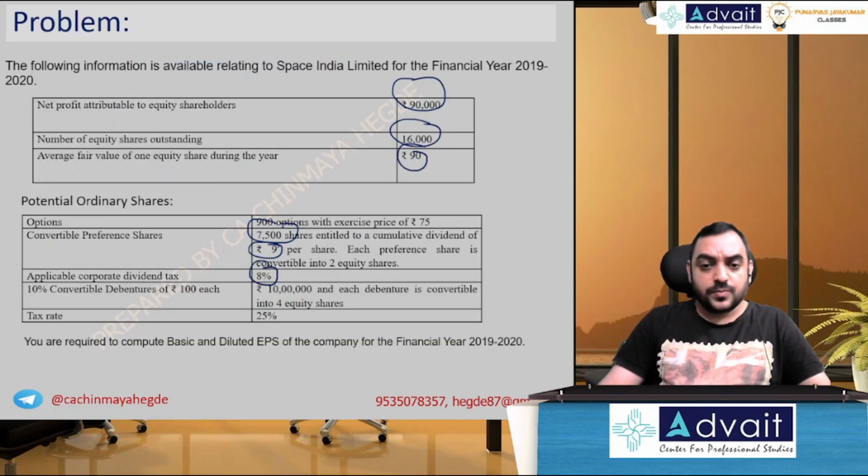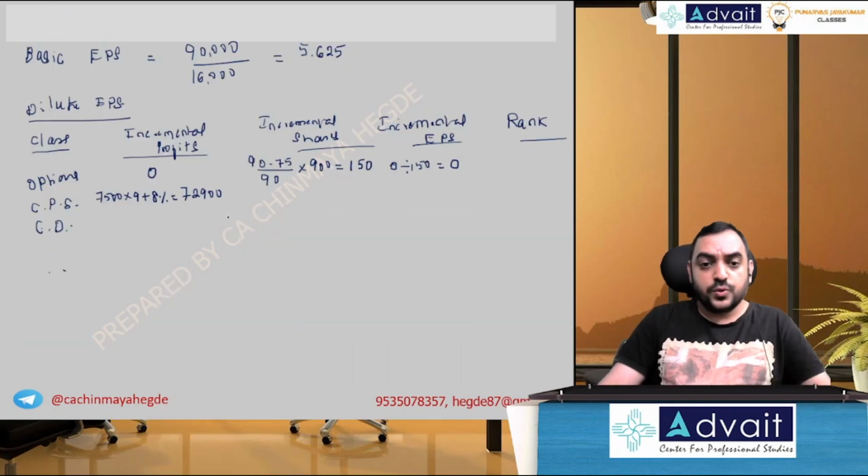Number of shares: each share is convertible into 2 equity shares, so ratio 1:2. 7,500 into 2 is 15,000. Incremental EPS is 72,900 divided by 15,000, which is 4.86.